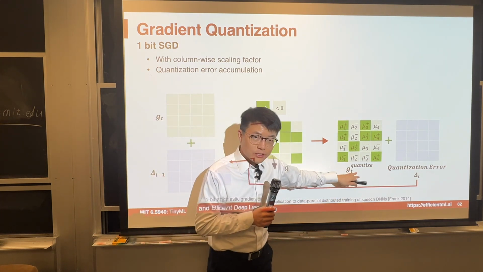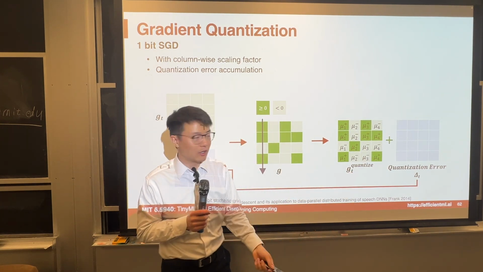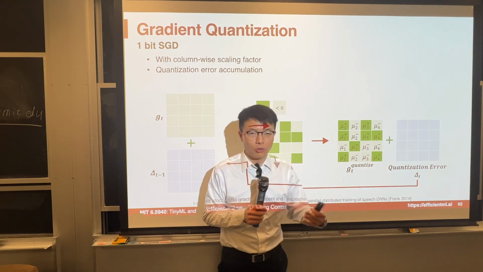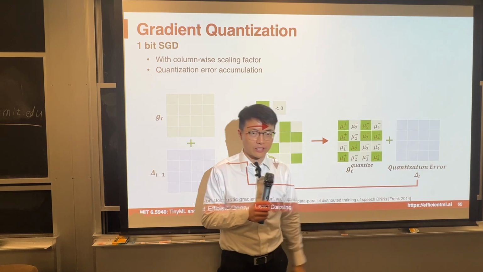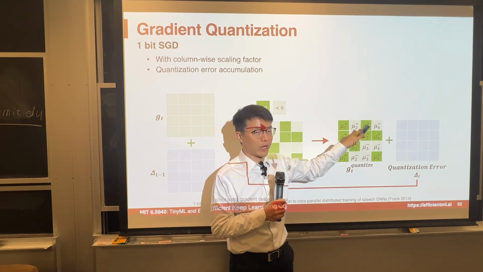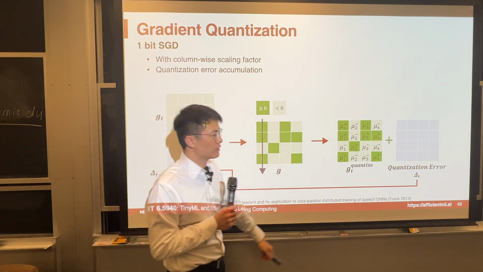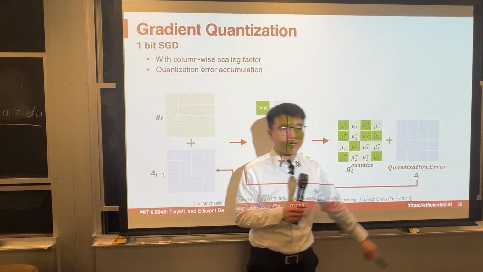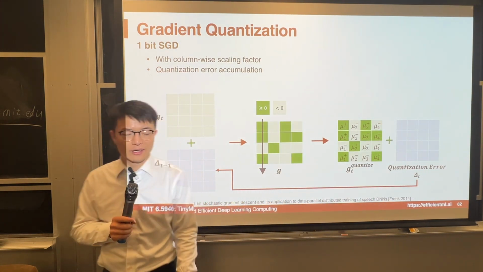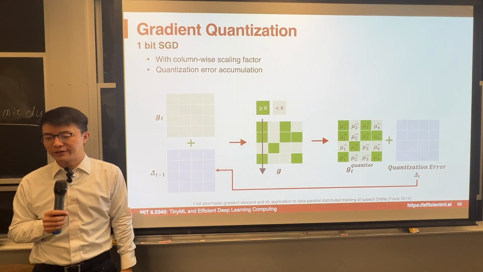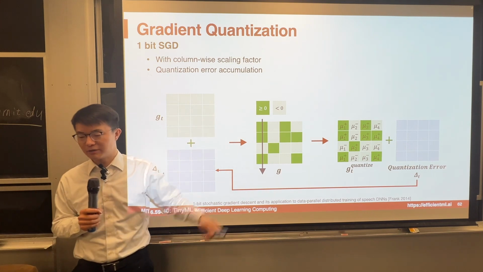We can send out this binary mask together with the scaling factors, which is n rather than n squared. And similar to gradient accumulation, we can accumulate the quantization error locally on the node itself until the next time it gets sent out.